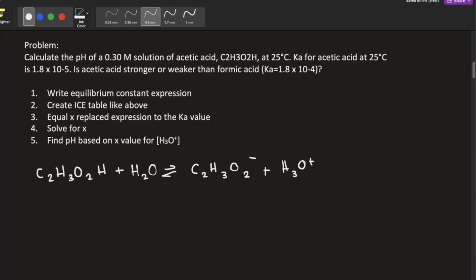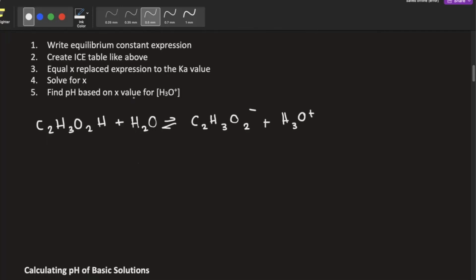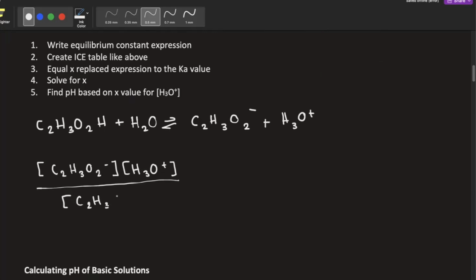H3O plus. Okay. So now that we have the equation, we can write the equilibrium constant expression. Again, remember that to write the equilibrium constant expression, you're going to take the concentration of your products over the concentration of your reactant, with water excluded, of course.